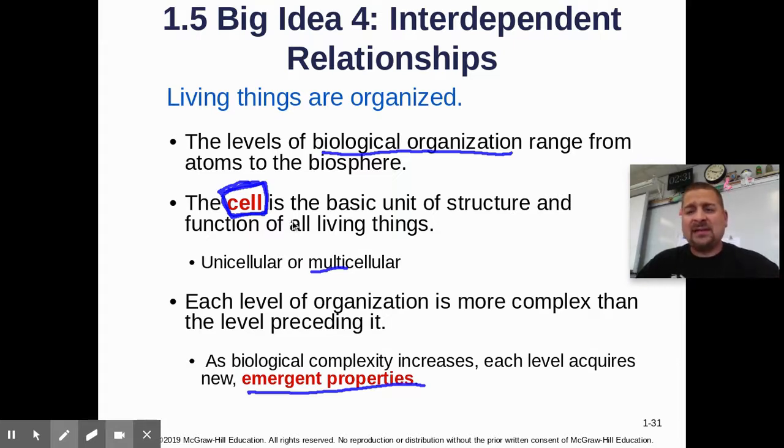The cells, the tissues, and all those things within us are working together to make the organism work. The communities and populations work together to make the ecosystems work. So as you go up, it gets more complex and dependent on the individual properties to make the properties of the bigger level itself.